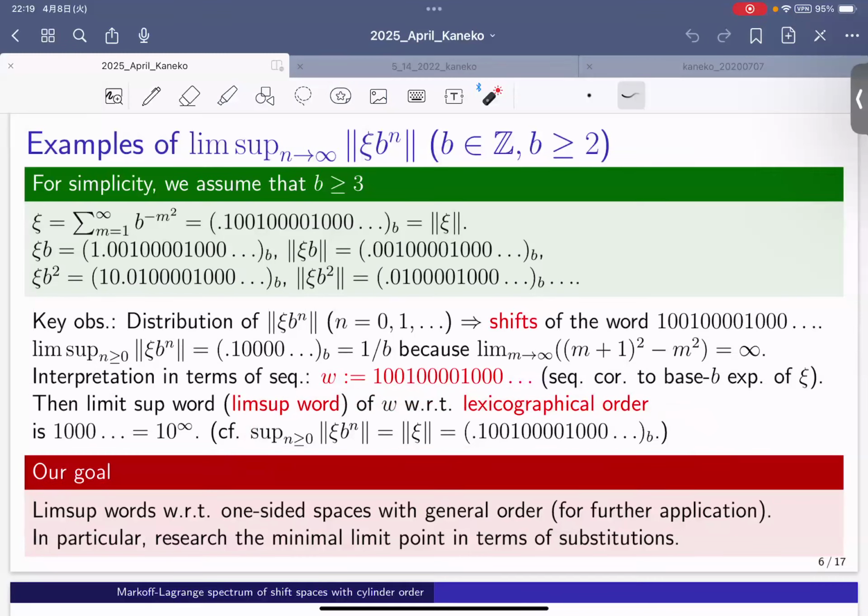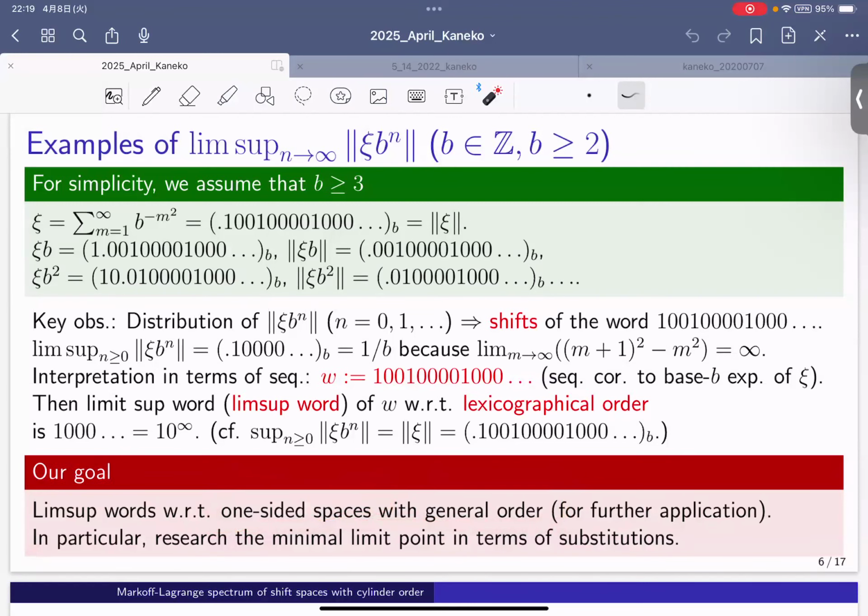But our goal, at first, is limsup words with respect to one-sided spaces. Here we consider lexicographical order, but for further application, we need to consider one-sided spaces with general order.